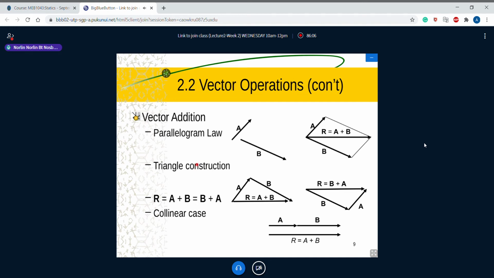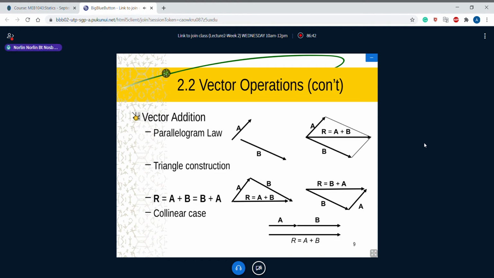Okay, for the parallelogram, first we will look at this one, vector A and then vector B. What is the meaning of parallel? Parallel means the vectors are in the same direction, right? For example, you can see here, vector A is parallel to this side, and vector B is parallel to this side.